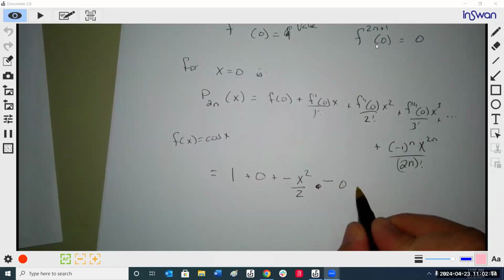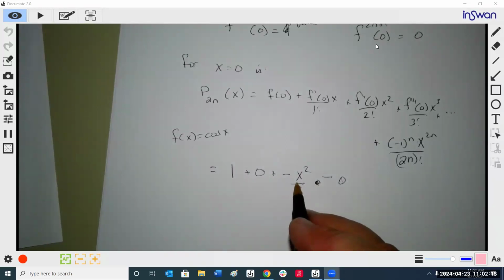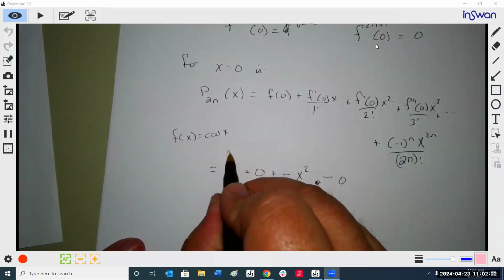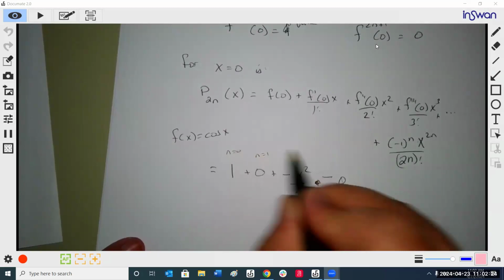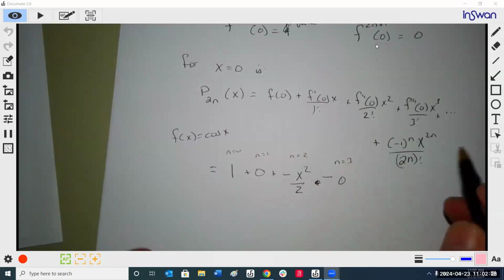Zero. So this is n equals 0, n equals 1, n equals 2, n equals 3.